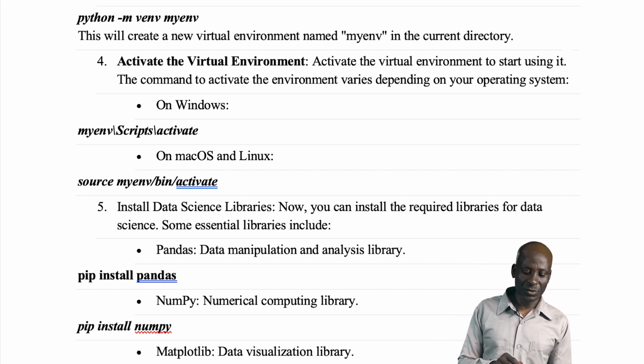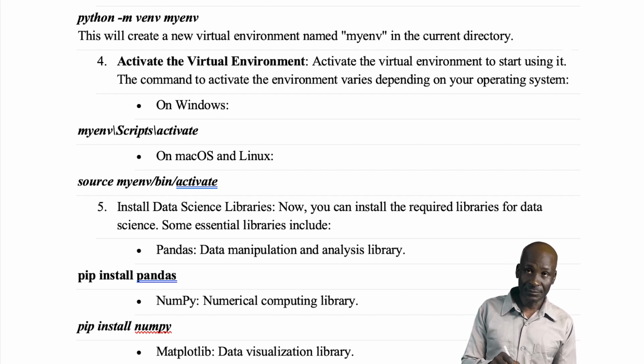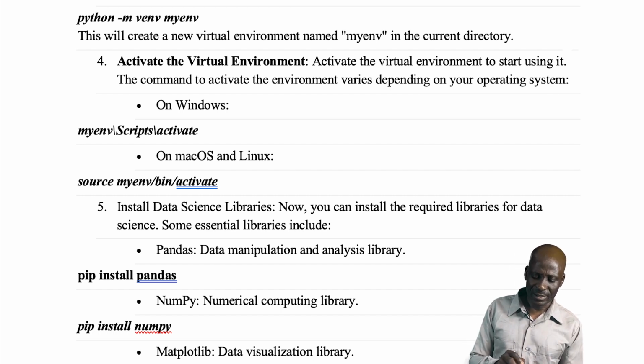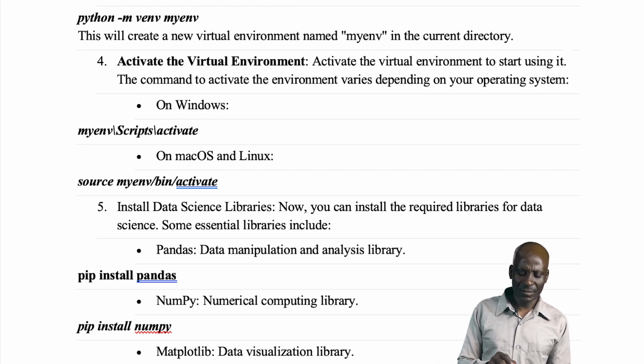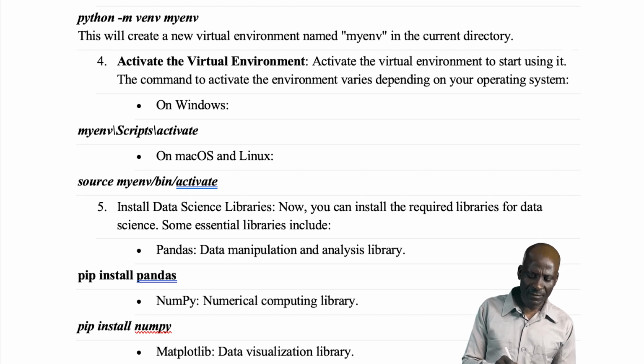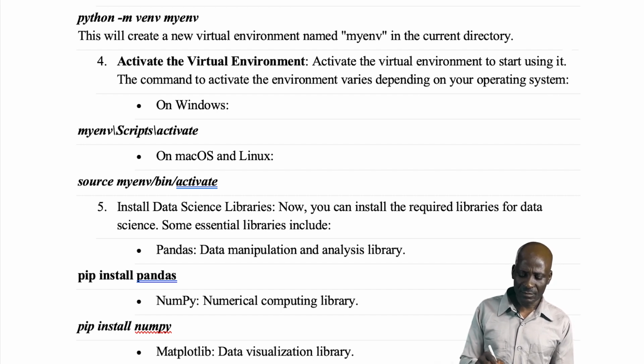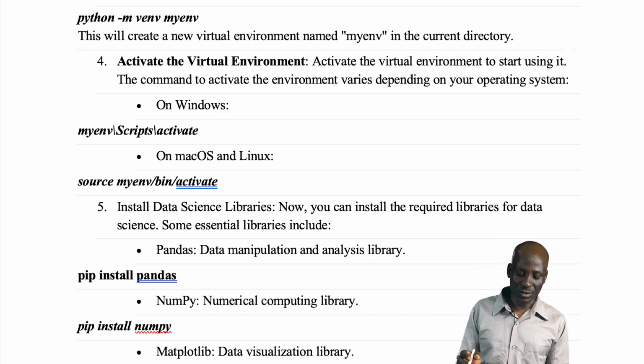When you type python -m venv space venv, then the name of your virtual environment. Let's say I want to call it myenv. I say python -m venv, then space, the name of the environment that you want to create. That is the name you want to give that virtual environment.